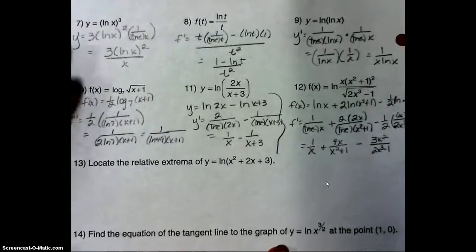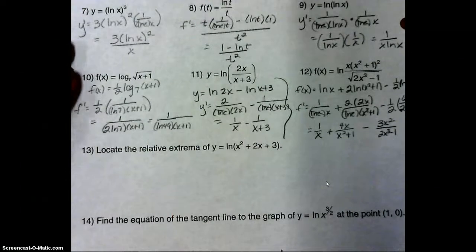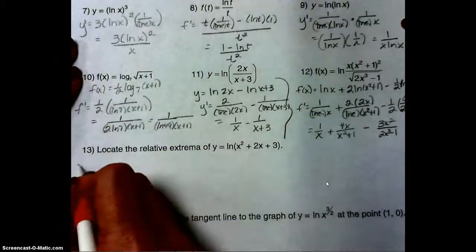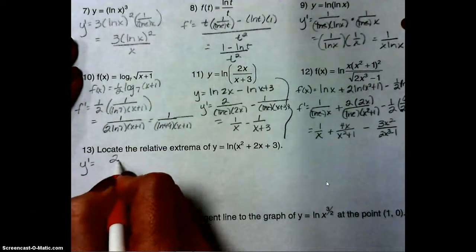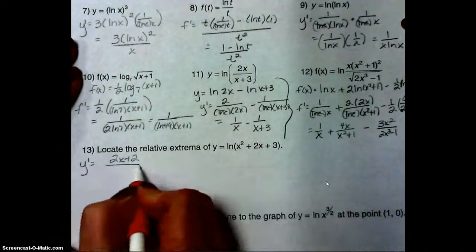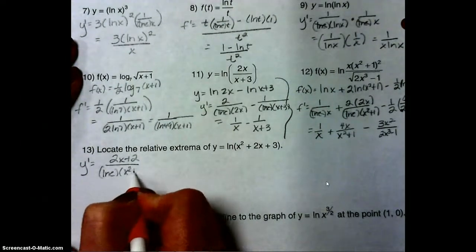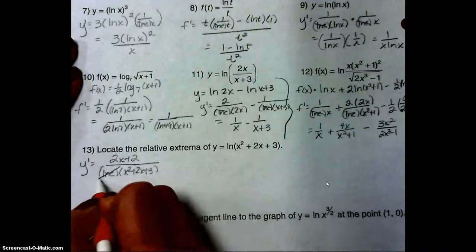Okay. Now, let's talk about max and mins, tangent lines, and implicit differentiation. Derivative to get my max and mins. So I get the 2x plus 2 from a derivative of u prime, ln of e over x squared plus 2x plus 3. ln reduces.